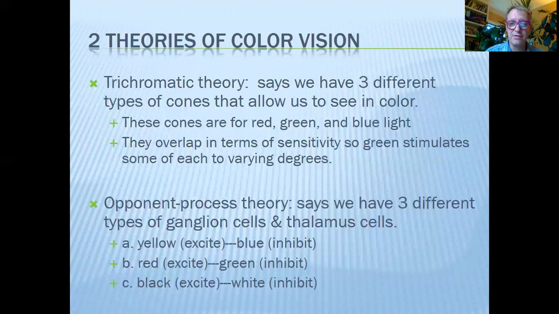The other theory is a lot more difficult to explain, but I will try to use a brief example to illustrate it in this lecture. It's called the opponent process theory. This happens deeper in the retina at the level of the ganglion cells. When these neurons are not being stimulated much at all, they have a regular firing rate.